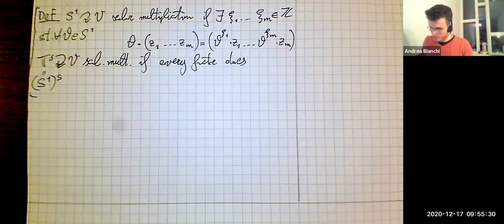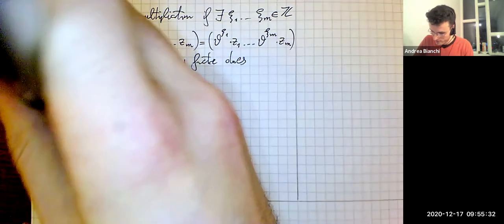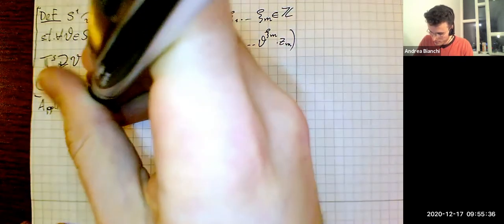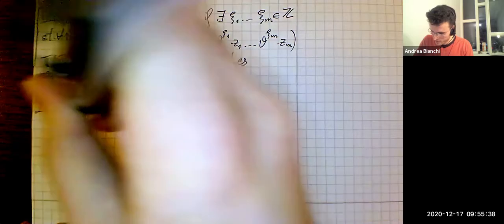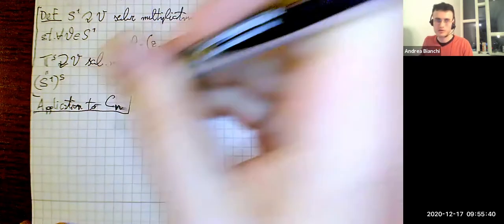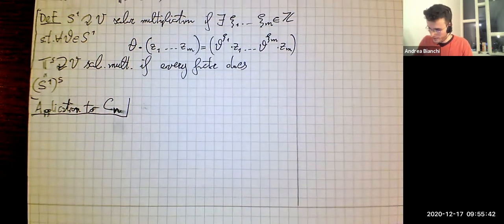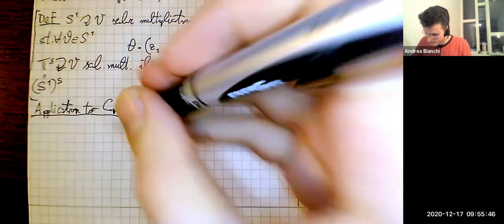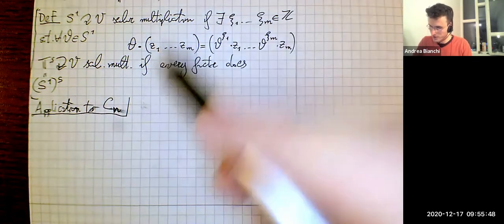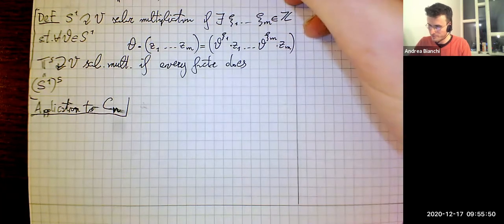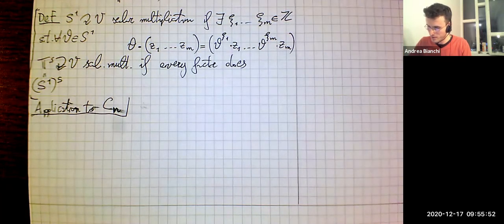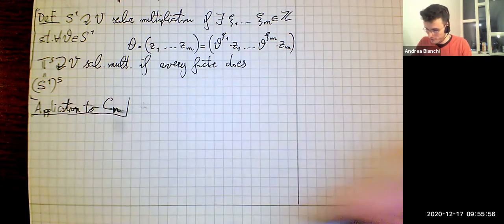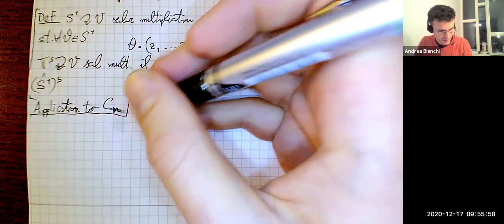Okay, so the application to Cn. So what is Cn? How do we cook up a discriminantal variety starting from a configuration space? Well, the answer is in the fundamental theorem of algebra.